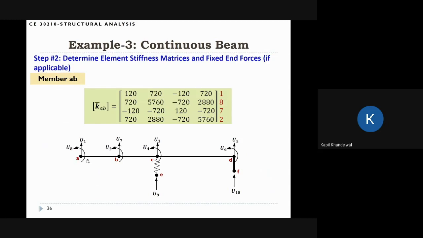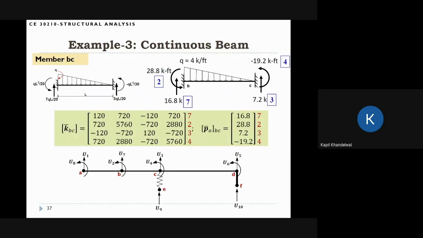For member AB, the I node is here, J node is at B, and the degrees of freedom should be VI, theta I, VJ, theta J. So VI is 1, theta I is 8, VJ is 7, and theta J is 2. So 1, 8, 7, 2. Okay, so this is the ordering. And if you do the algebra, these are the numbers you will find for the stiffness matrix for member AB. So this is pretty straightforward.